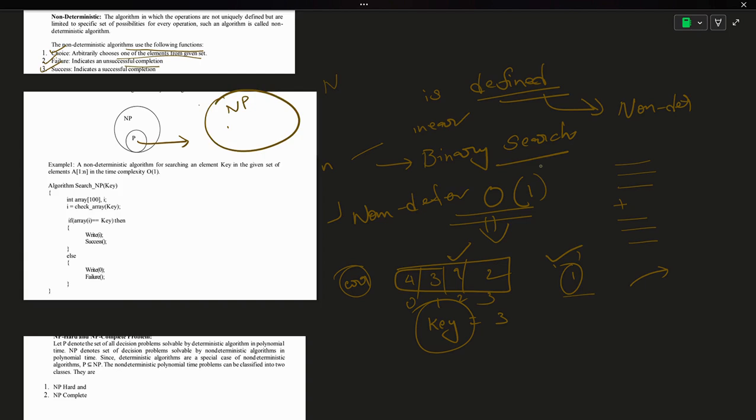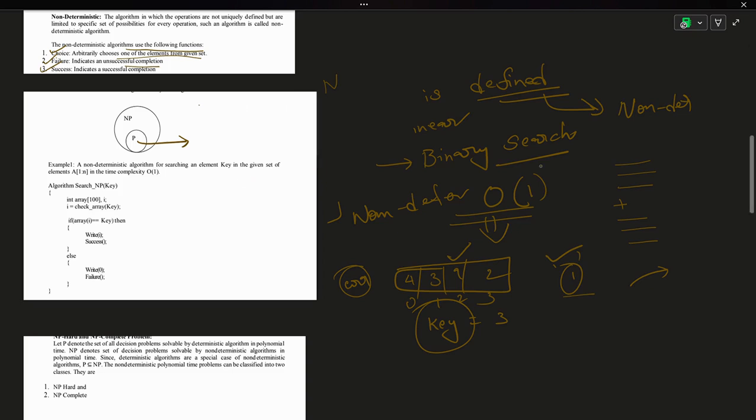But the problems that we know today, which run in polynomial time, come under P. And whichever is non-deterministic today, that is, whichever is outside of P, at some point in the future all these algorithms will come into P. That is, all the non-deterministic algorithms some day will become deterministic. This is what this diagram depicts.